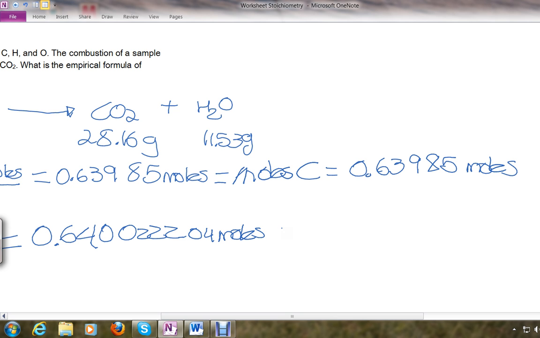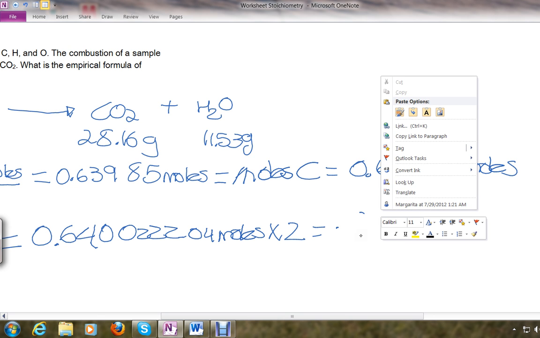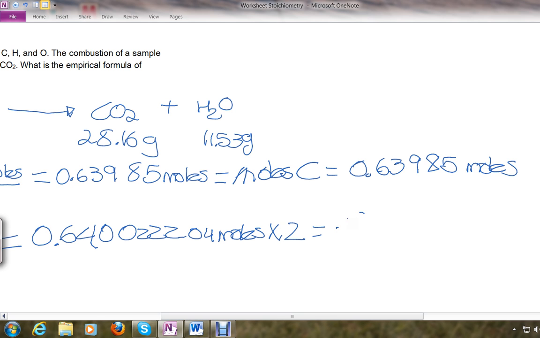So you multiply the moles of water by 2, right? Because for every mole of water, you have twice the number of moles of hydrogen. And remember, we're counting different things. It's difficult to see, but the only thing you can know is that you have 2 hydrogens in one molecule of water. That means the number of moles of hydrogen atoms is double the moles of water.